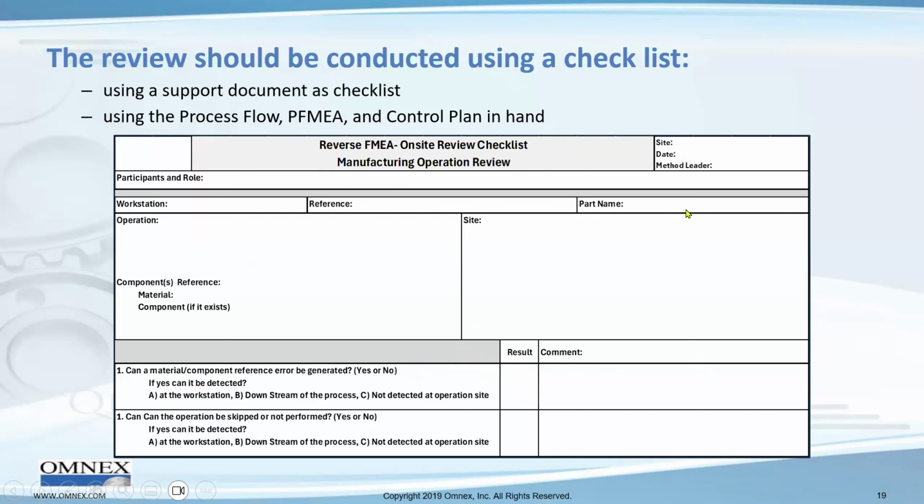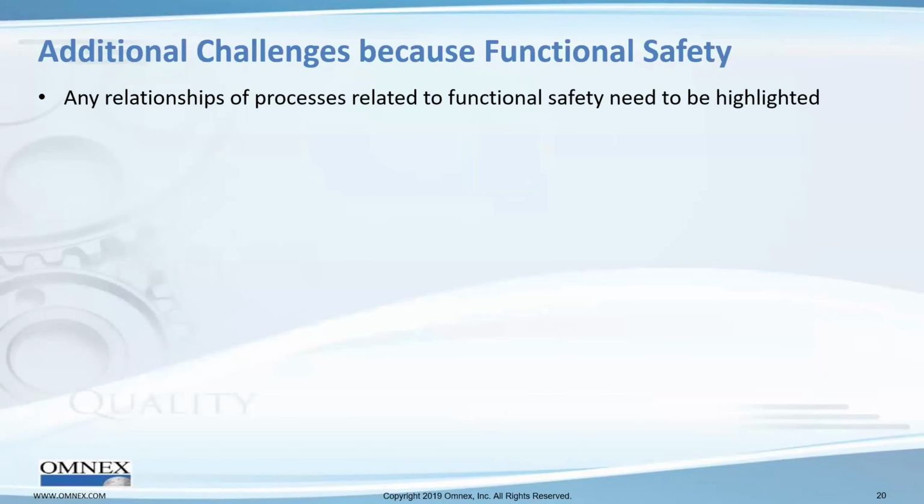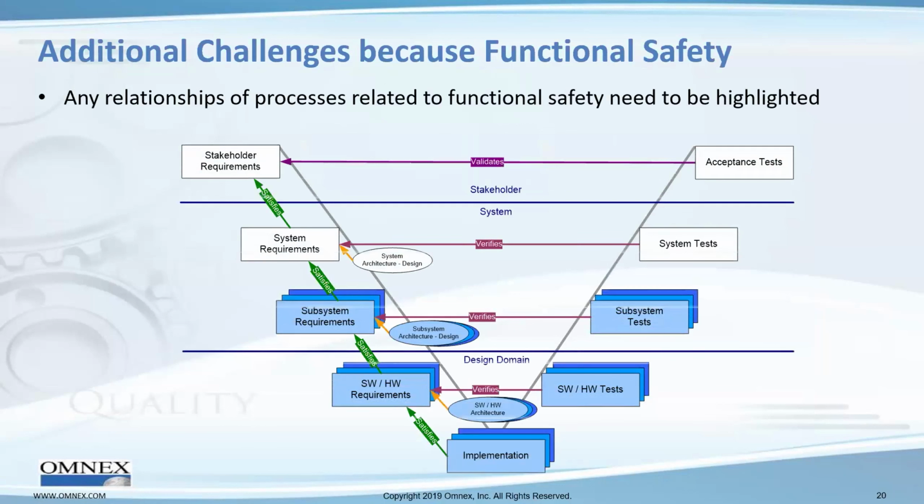And so this information in the header just talks about when we're doing it, who's doing it, what workstation we're doing it on, what's the operation, and what site we're performing the reverse FMEA. So another challenge that recently has added to doing reverse FMEAs is, what if we have some functional safety requirement for OP30?